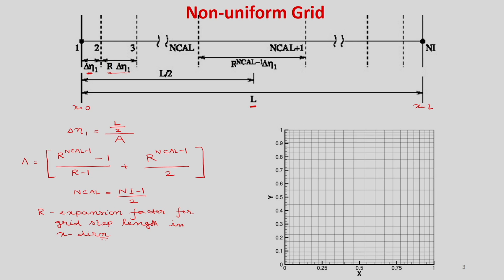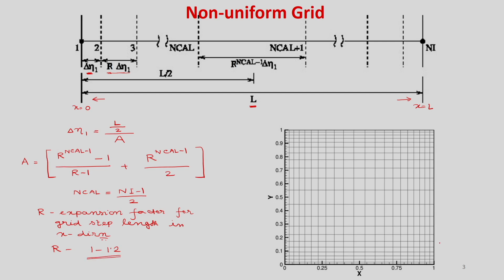Okay. So, if you use this, then you can see that you are getting a non-uniform grid, and you will get a finer mesh near x equal to 0 and near x equal to L. Generally this expansion factor r you can use between 1 and 1.2. You see this grid.